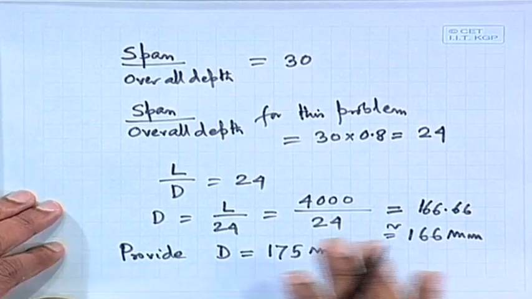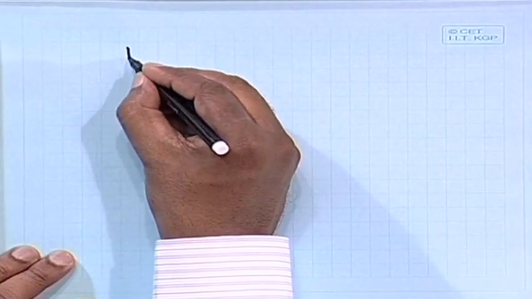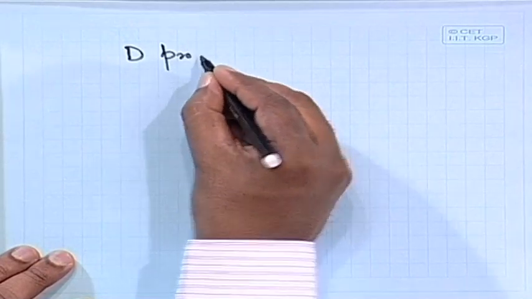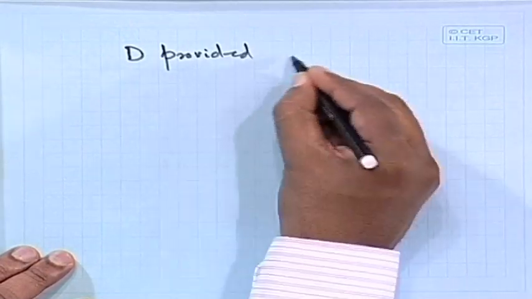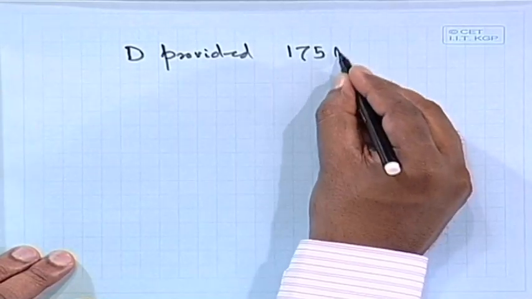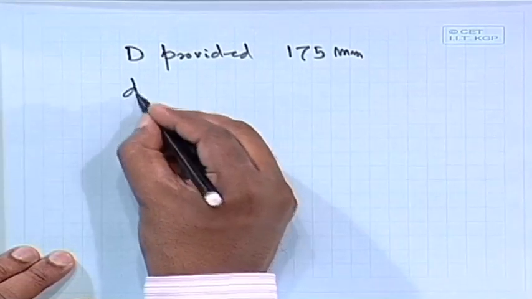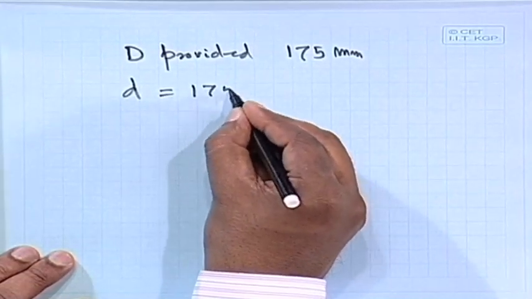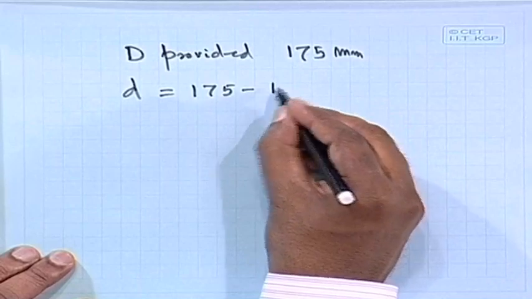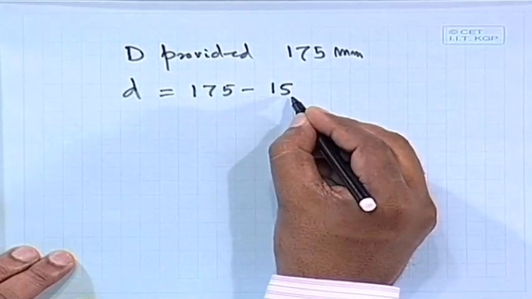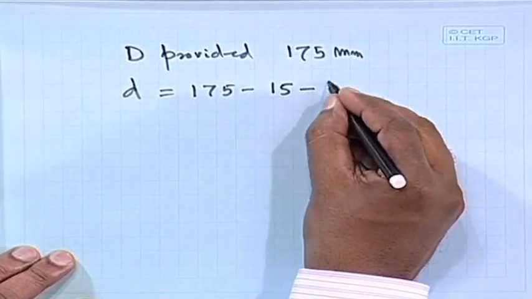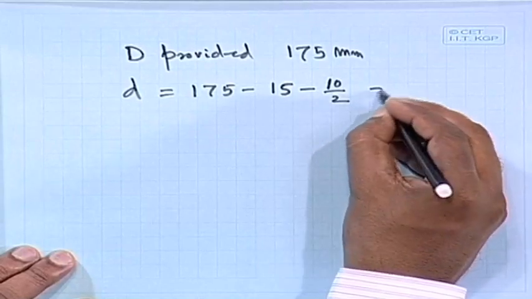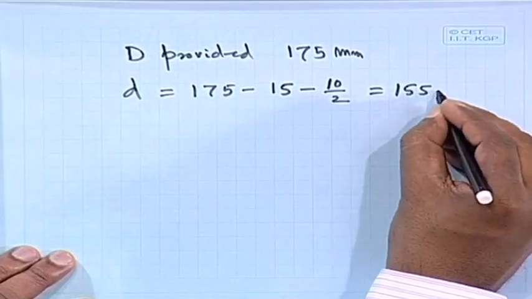But anyway, for the first problem, let us take D equal to 175 millimeter. So, D provided is 175 millimeter. So, d should be equal to 175 minus clear cover 15 for mild exposure minus 10 by 2, which comes as 155 millimeter.